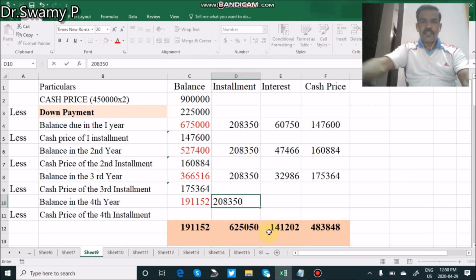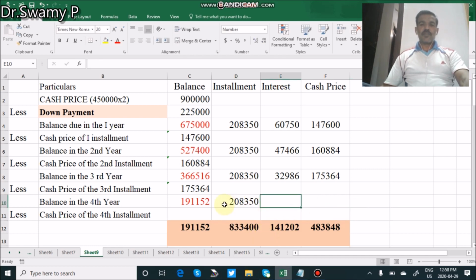The only difference here is in the last year, we need to put the difference amount, because there will be a small difference in the figure in the last year.